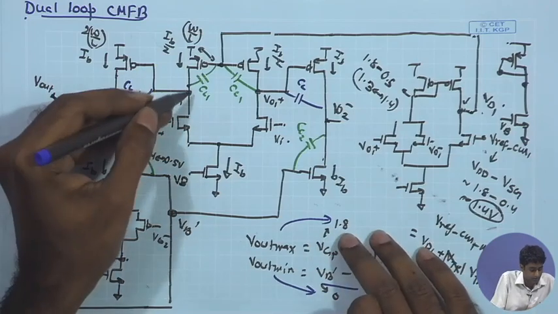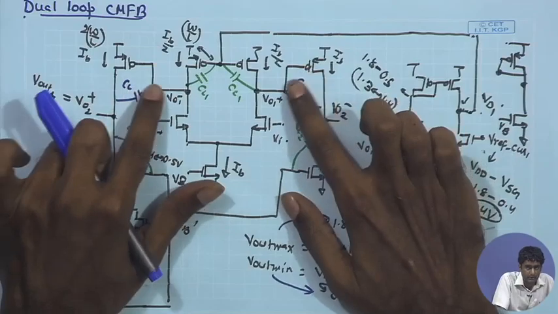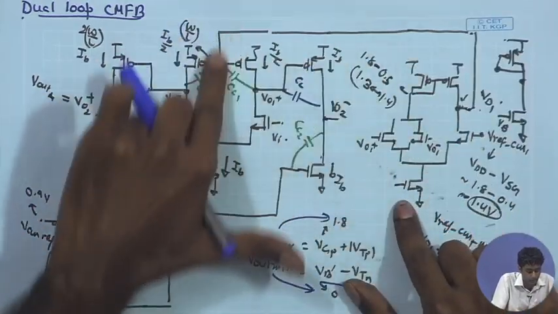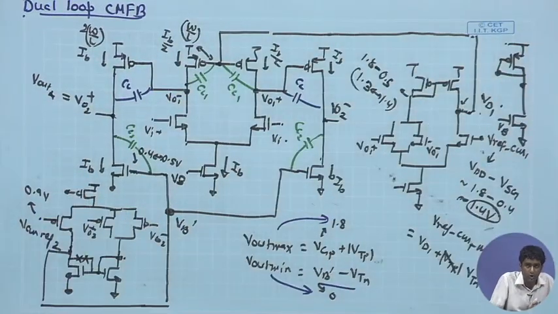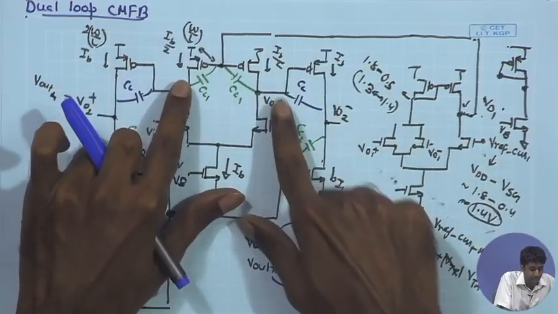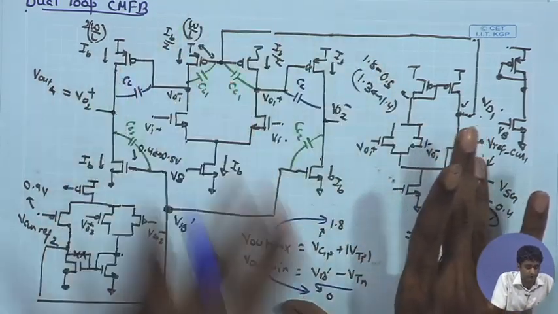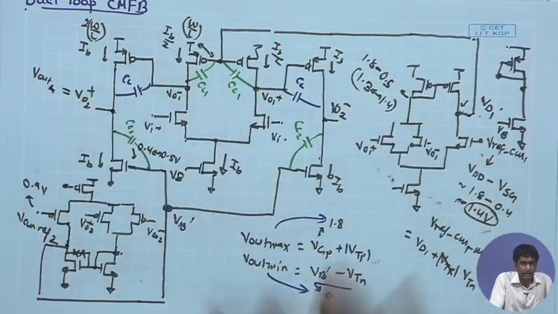However, we also need to make sense of this entire thing, that in presence of CC, my overall loop response for the common mode, for the first common mode as well as second common mode, is not getting disturbed. It is same as what we expect. So, just for a check here, if we look at the first loop in presence of CC, what is the impact on the first loop or for the common mode feedback?